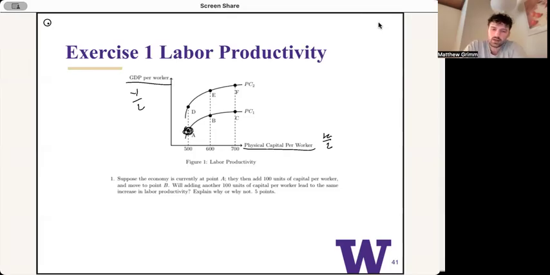And then they add 100 units of capital per worker and move to point B. So again, all this is doing is we're adding more units of capital. So we just go from A to B.